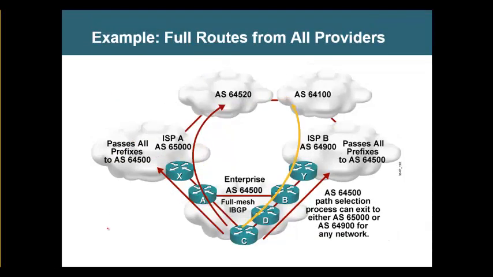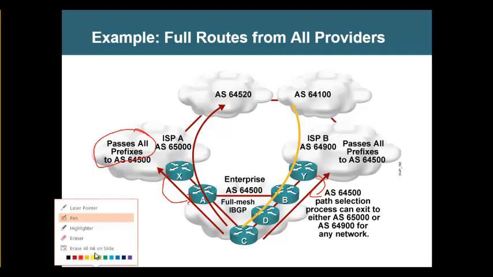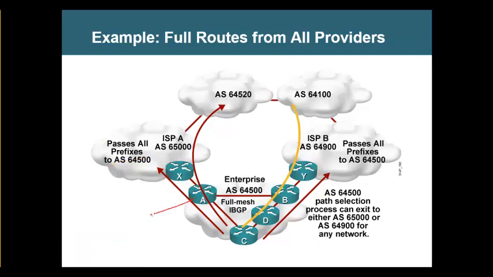Next, the complete routing table is provided by the service provider. It passes all prefixes to our edge router. We call A and B customer edge routers, CE routers. This is also CE.